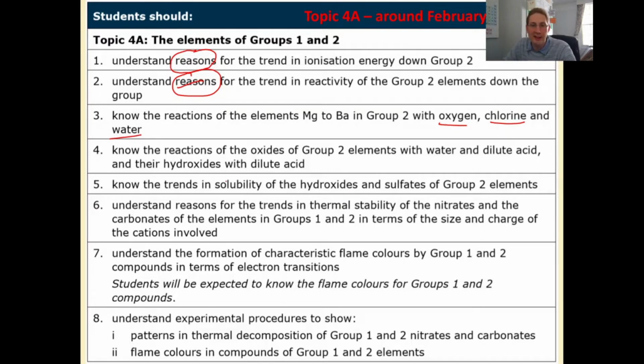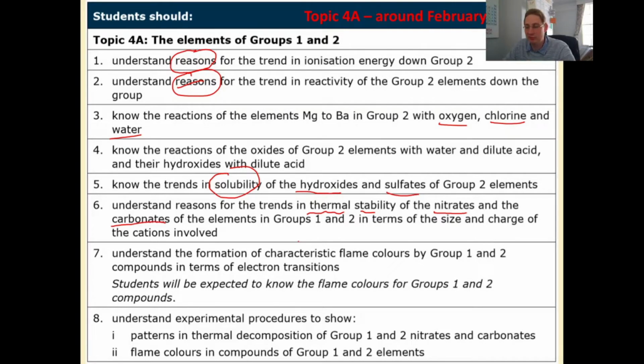Know the trends in solubility of the hydroxides and the sulfates in Group 2. Understand the reasons for the trends in thermal stability. So this is thermal stability of the nitrates and the carbonates of Groups 1 and 2 in terms of the size and charge of the cations involved.